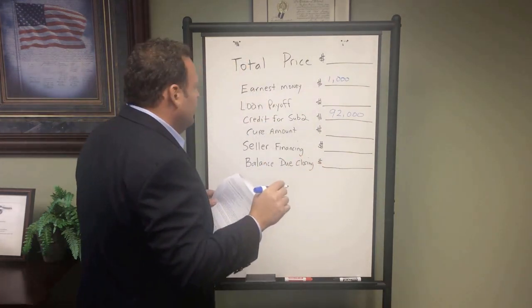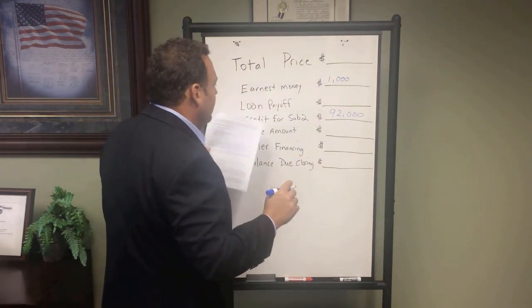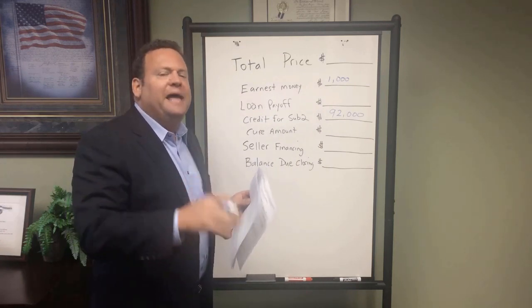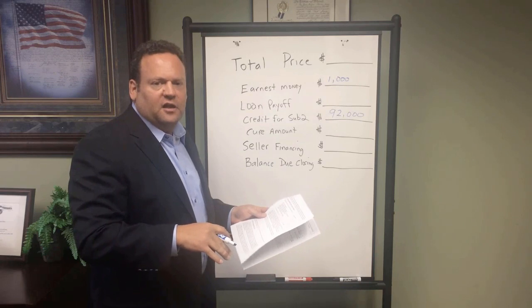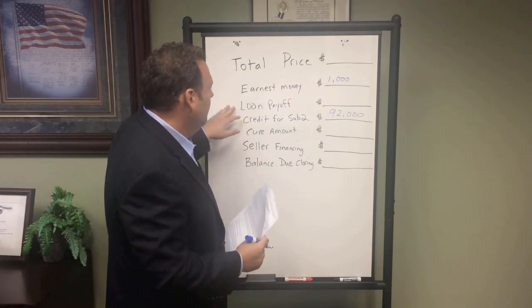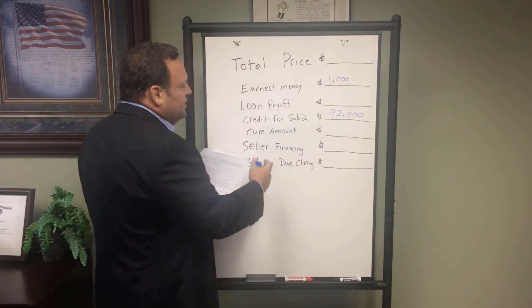And then we have a loan payoff. A loan payoff would be if they had a first and a second, and you were going to pay off the second and keep the first at closing, which is not that common, but if it is, you would put that here. Otherwise, you'd leave that blank. The cure amount.